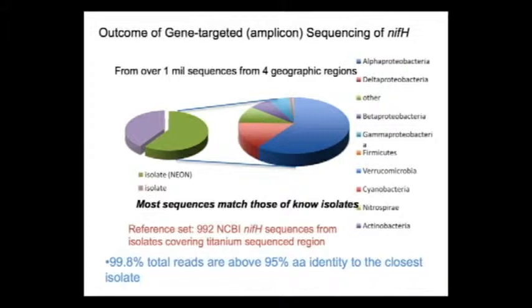And if we look through what those are, many of them are alpha proteobacteria. And if I go farther down, many of them are Bradyrhizobium, matching the native prairie result that I showed before. Some delta proteobacteria, other groups, beta proteobacteria, and so forth.